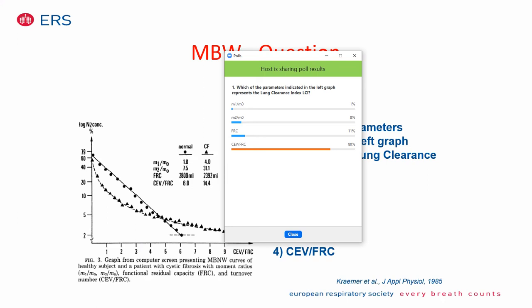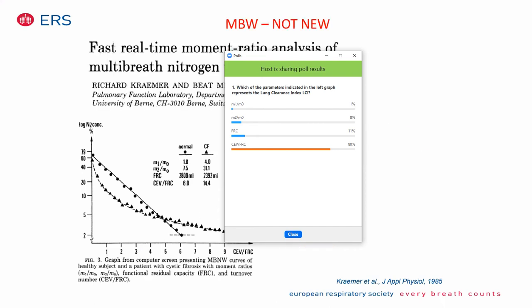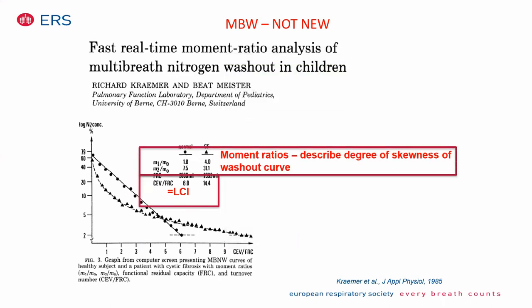Okay, so you have all understood that CEV, cumulative expired volume divided by FRC, is equivalent to the lung clearance index. That's correct. But he also looked at some other parameters, the moment ratios, which describe the degree of skewness of the washout curve at different parts.